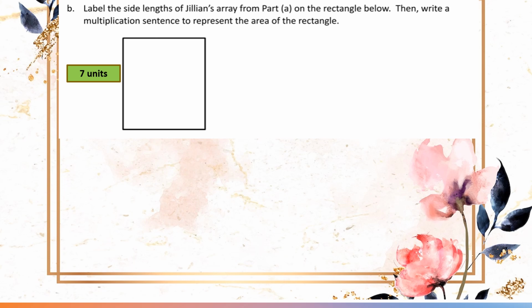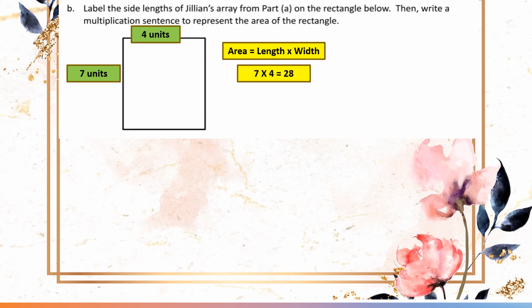And our width was 4 units. So you just write 4 units across the top. So the side length is 7 and the top width is 4. And our equation for area, or our formula for area, is length times width. Okay. And we're going to write it in as 7 times 4 equals 28, just like we did for A.